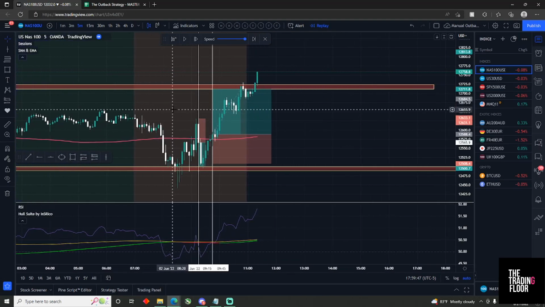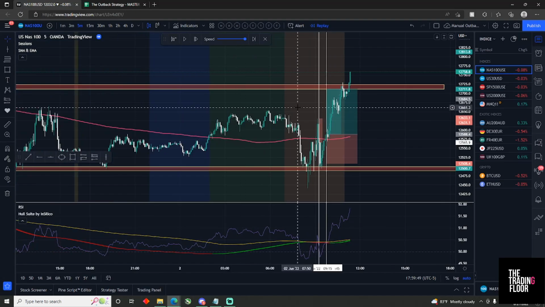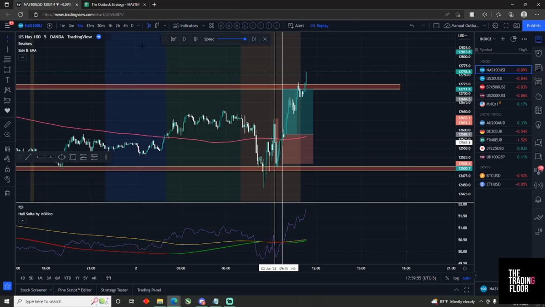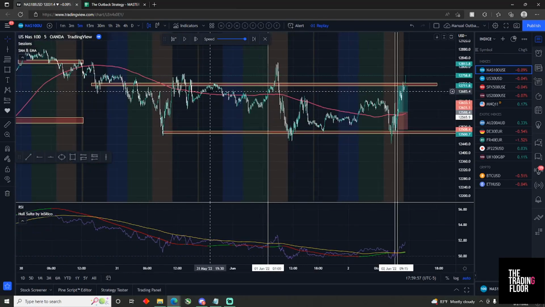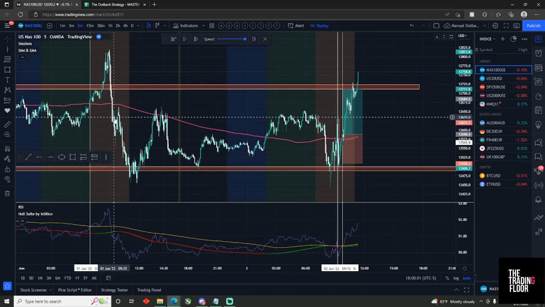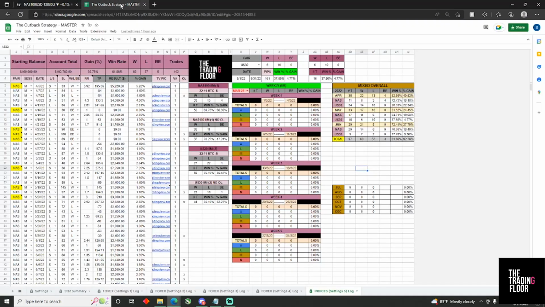And so with that being said, let's get into the data for this really quick. So getting into the data for this, now that you kind of understand an idea of how we mark up everything, how we look for take profits, when to not take trades, we could look at how we did for the backtesting side of things.